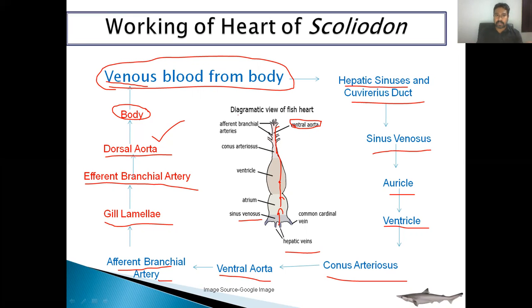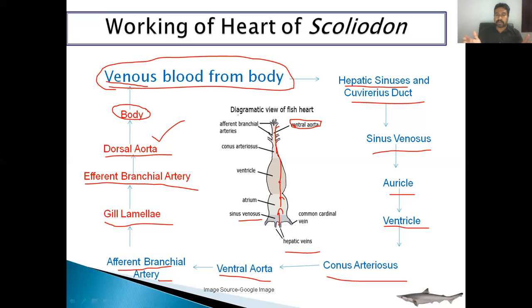So if we summarize, the heart of Scoliodon is a part of the circulatory system. It is a modified muscle, and the function of the heart is the pumping of blood. Its position is beneath the pharynx region, and it is a two-chamber venous type of heart, S-shaped, covered by pericardium, and having two primary chambers, the auricle and ventricle, supported by two accessory chambers, the sinus venosus and conus arteriosus.